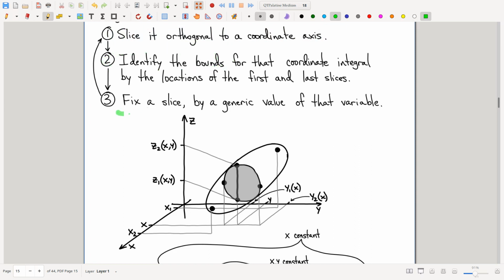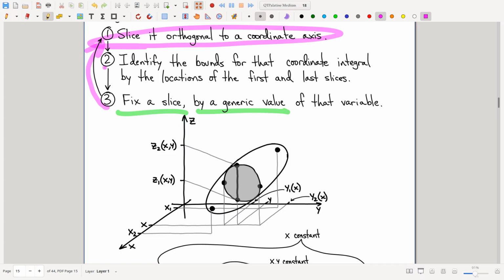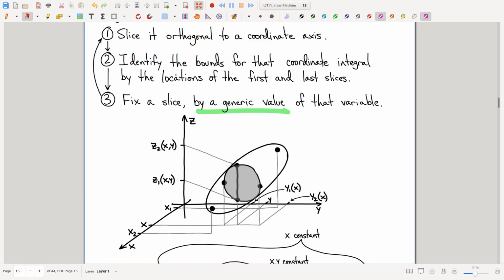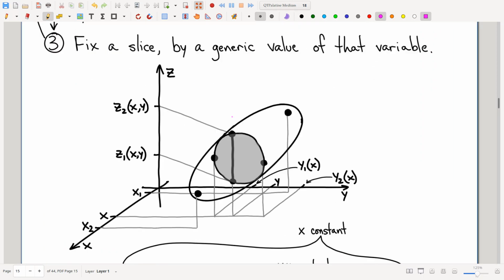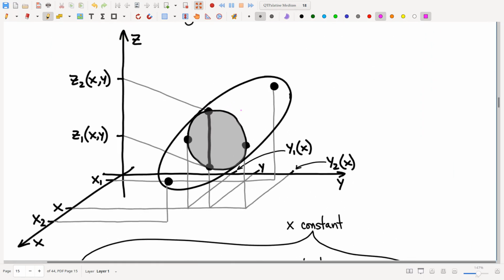And then we'll fix a slice at a generic value and then repeat for the next variable. Namely, we'll slice orthogonal to that axis and then identify the bounds and then fix a slice of that, et cetera. You just keep going. All right, so geometrically what that looks like, let's look at this picture here.